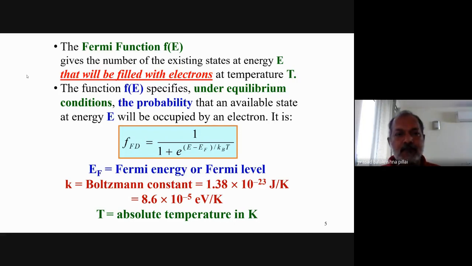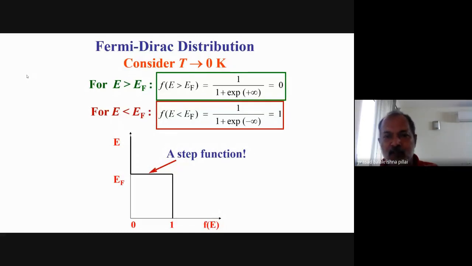The important thing is that for particles which obey Pauli's exclusion principle, we use the Fermi distribution law. At 0 Kelvin, when E is large compared to EF, the probability of occupation of that state is 0, and when E is less than EF, the probability is 1, as we can derive from the mathematical expression. So at absolute zero, all the states below the Fermi level are occupied, and all the states above the Fermi level are unoccupied.